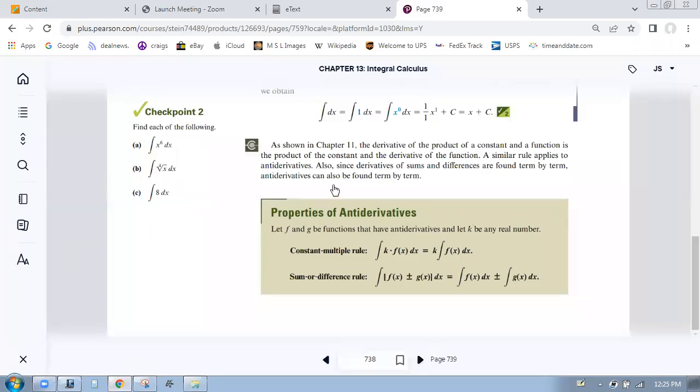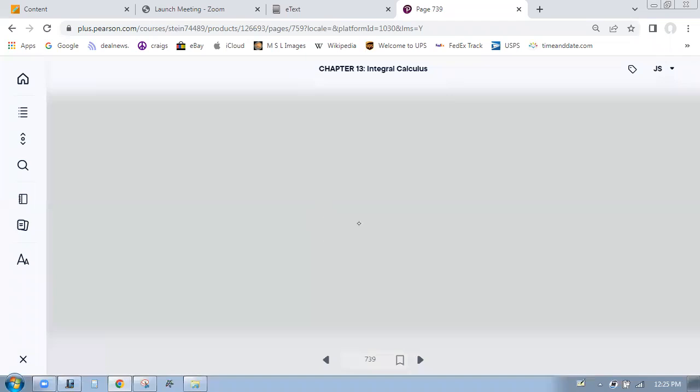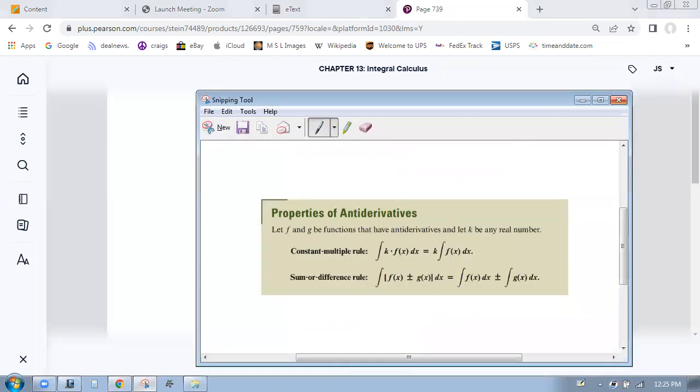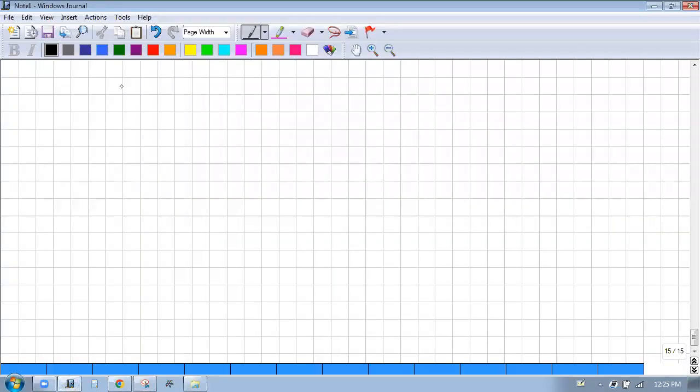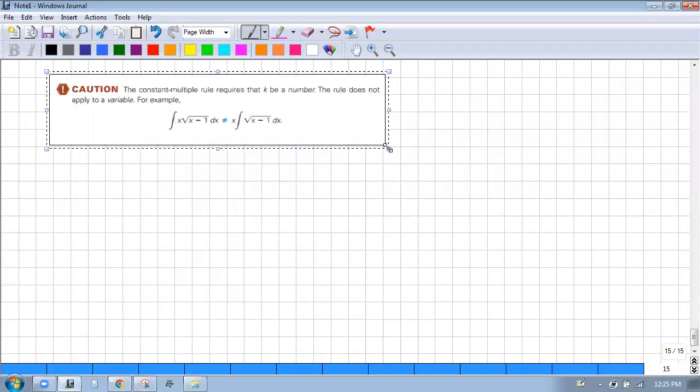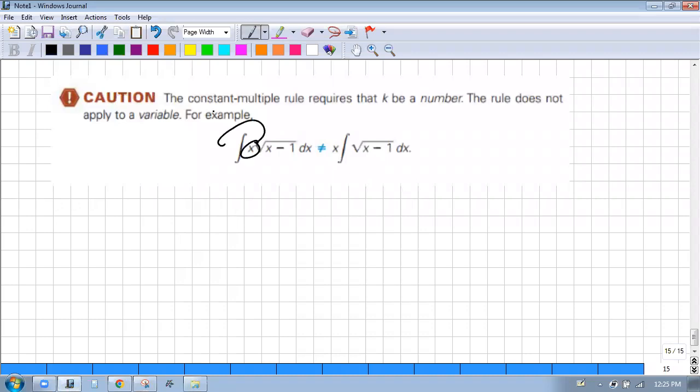Now, what you cannot do is this. You cannot take this x and just pull it out front. No. This thing and this thing are the boundaries. Anything that is an x or a function of x has to stay in between here, all right?